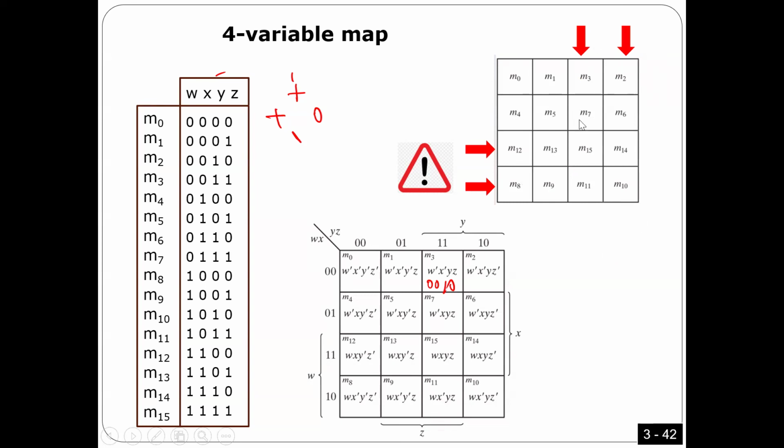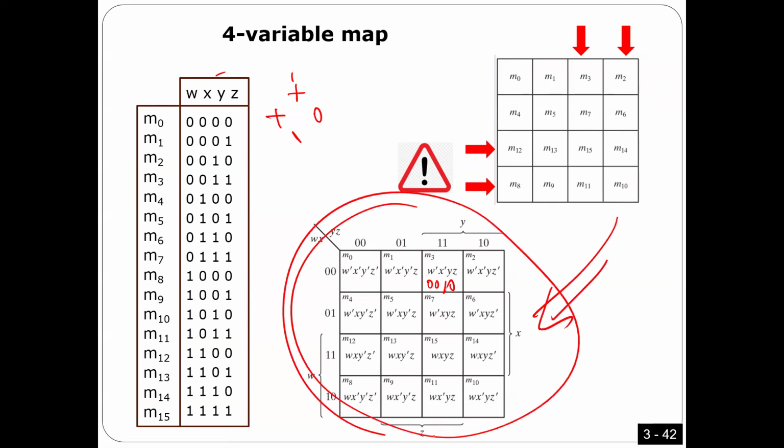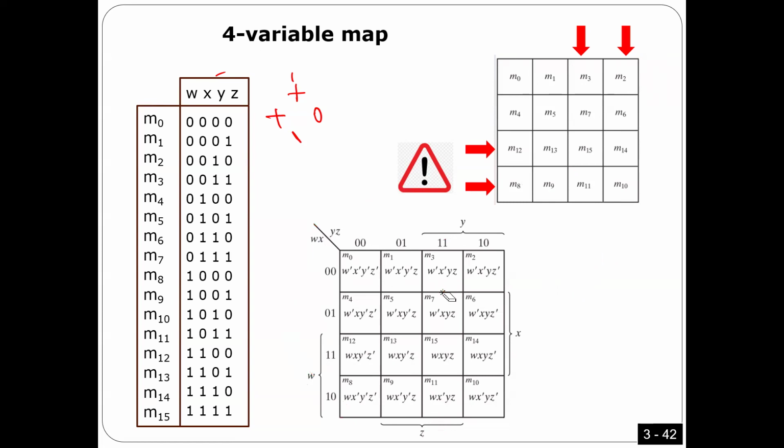Is that clear? Okay. This is because we follow this map. If you want to make it in a different way, if you make this one M2 and this one M3, you are not going to find one area for Y, one area for X. It will be somehow different. But anyway, you can also see the last two rows are switched.